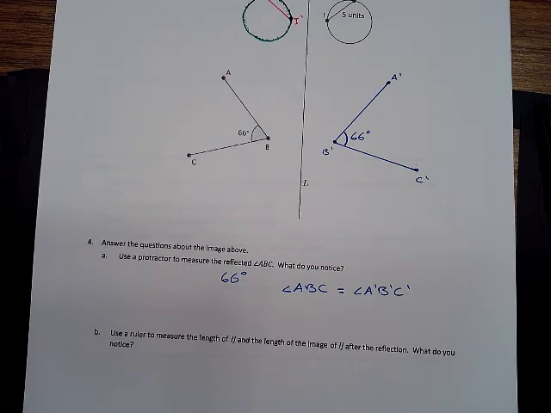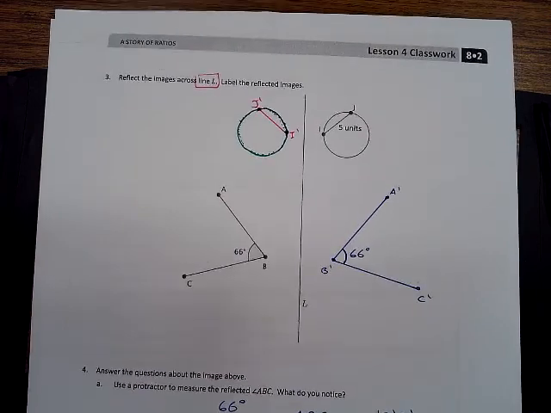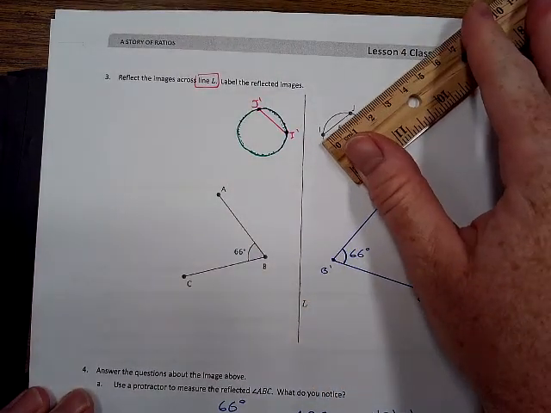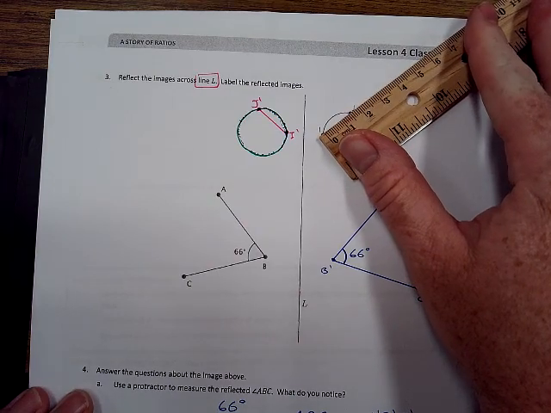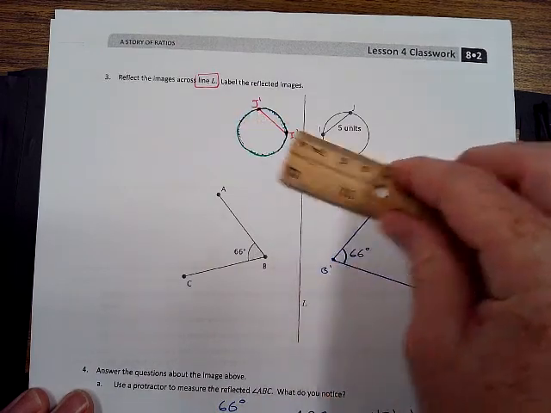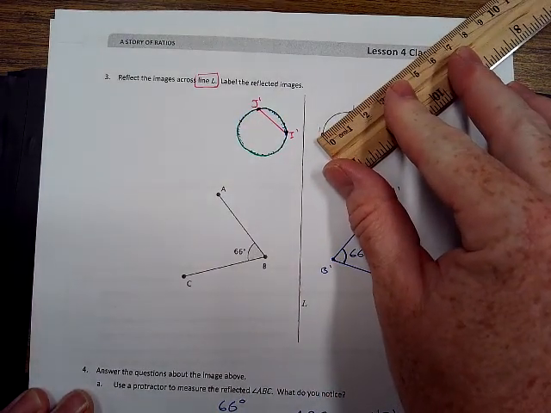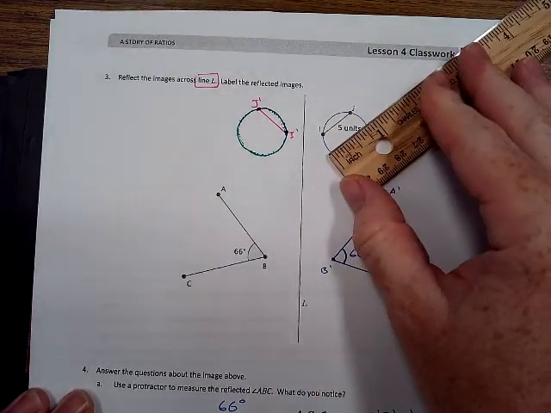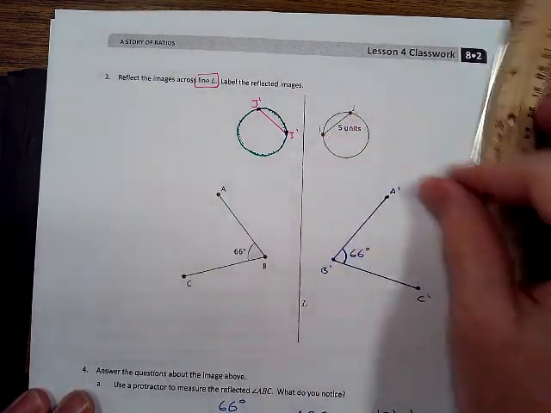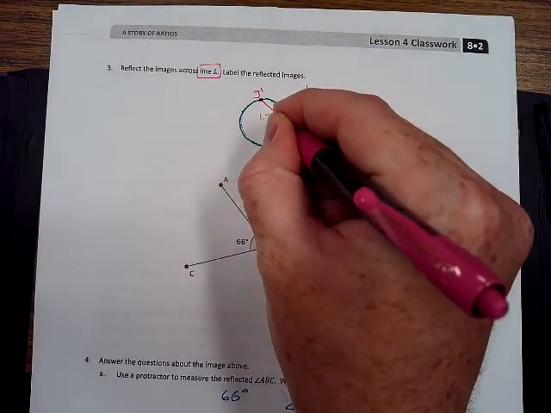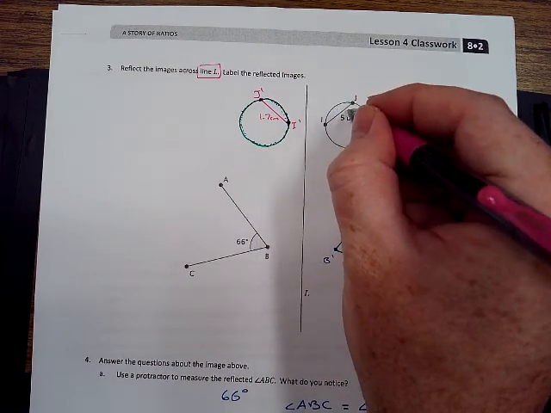For part B, use a ruler to measure IJ and I prime, J prime. This I can do. That looks like 1.5 centimeters, and this also looks like maybe 1.7 centimeters for both. About 1.7 centimeters. If I measure it with inches, I like 1.7 centimeters better. So both of these are about 1.7 centimeters.